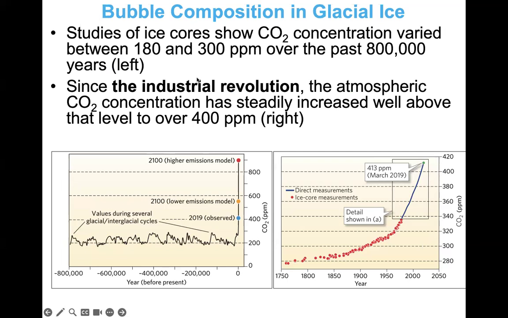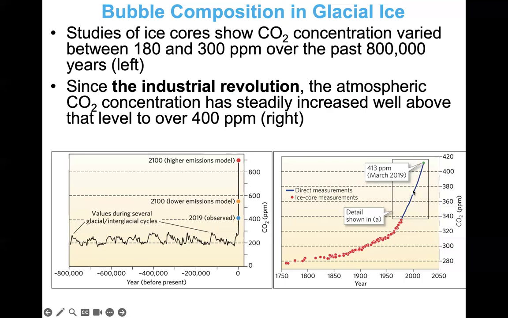In fact, it's the Industrial Revolution starting in 1800 where this CO2 sharply increases. So the CO2 concentration has steadily increased well above that level to over 400 ppm right here.